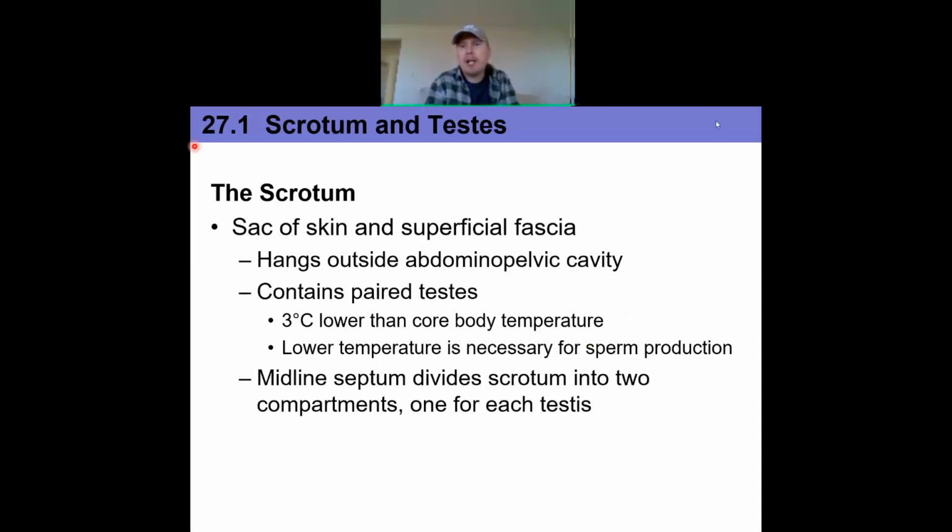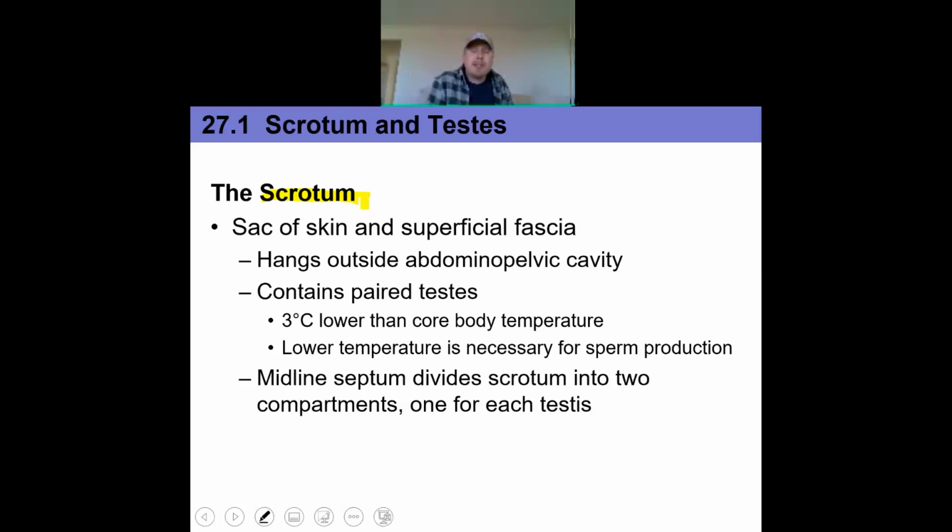Another term that I would like us to be familiar with. I'm just going to take a highlighter because not everything on these slides is vital, but there are a few things that I want to point out. So I'm going to highlight the most important. So remember, scrotum, a sac of skin, a sac where the testes are located.